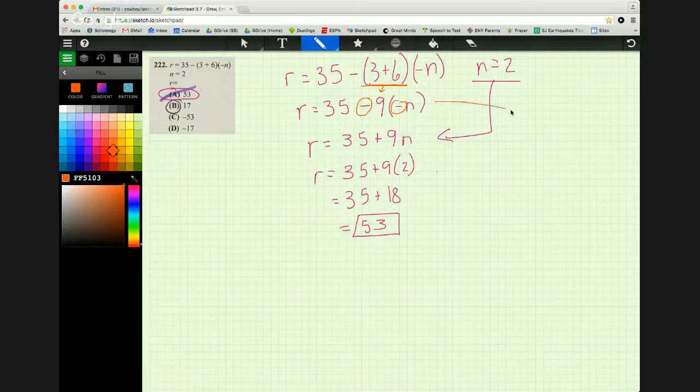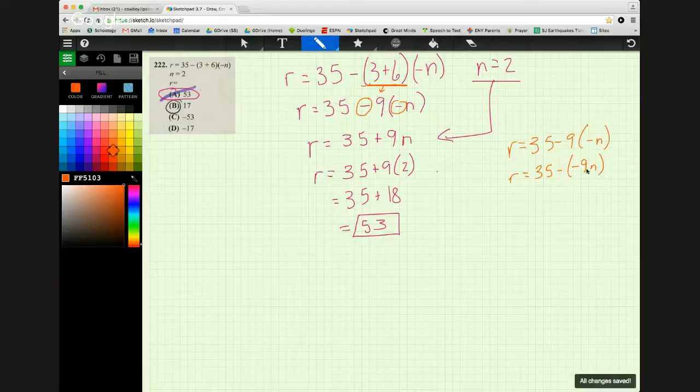Another route you could have taken, right at this point, I'm going to show it to you a different way. You could have said, well, this is 9 times negative N, and R equals 35 minus 9 times negative N, which would be negative 9N.